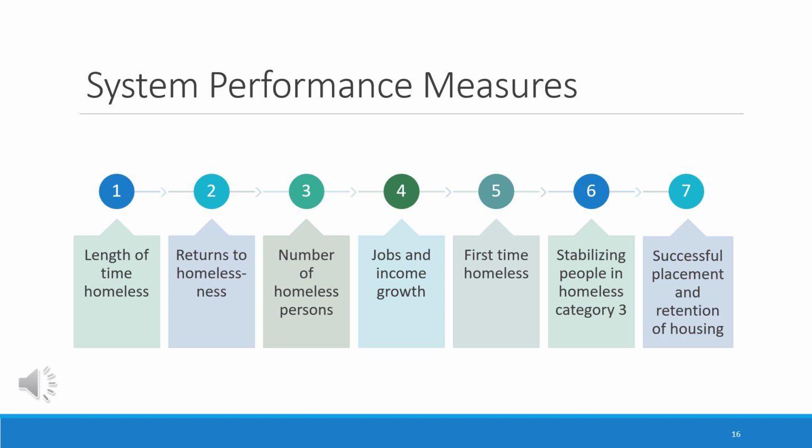The data input by CoC projects contributes to the CoC's outcomes, so you will see that many of the scoring criteria used to evaluate projects directly or indirectly refer back to the SPMs. CoCs can use the annual project scoring and ranking process to encourage agencies to improve data entry, data quality, and project performance.